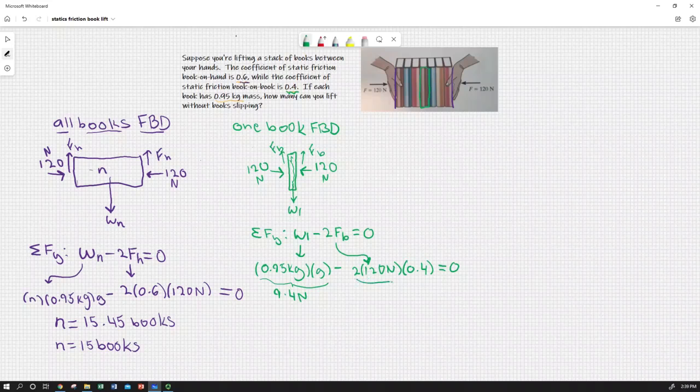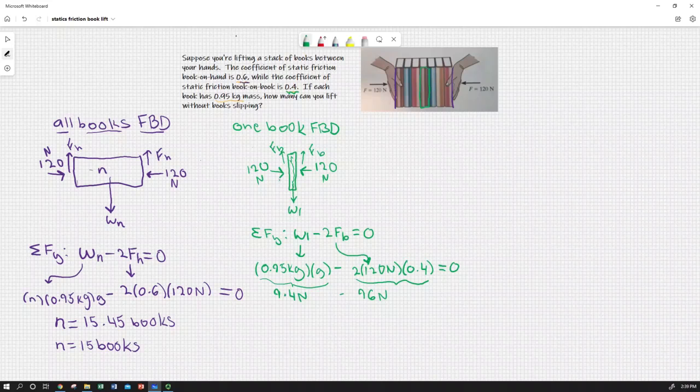And our imminent slip condition would provide us with a frictional force of 2 times 0.4 times 120, which is 96 newtons. So we can hold up more than one book, that's for sure, because imminent slip in this case would give us a lot more potential frictional force than we needed for that one book.